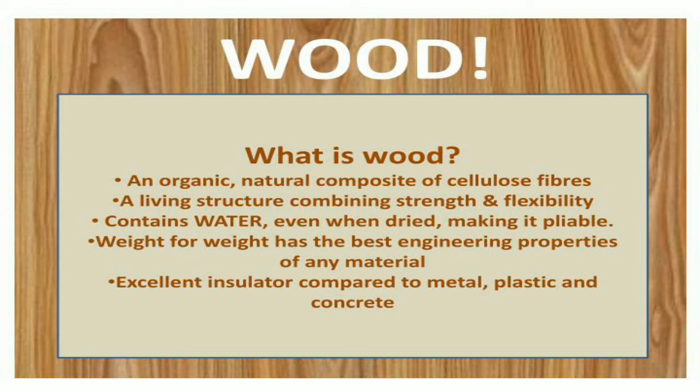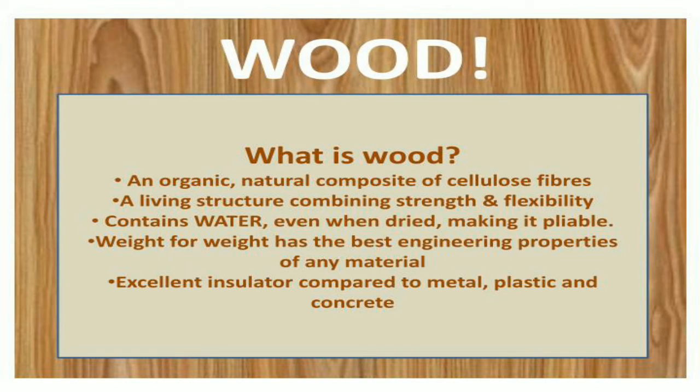It contains water even when dried, making it pliable. Weight for weight it has the best engineering properties of any material. It is an excellent insulator compared to metal, plastic, and concrete.